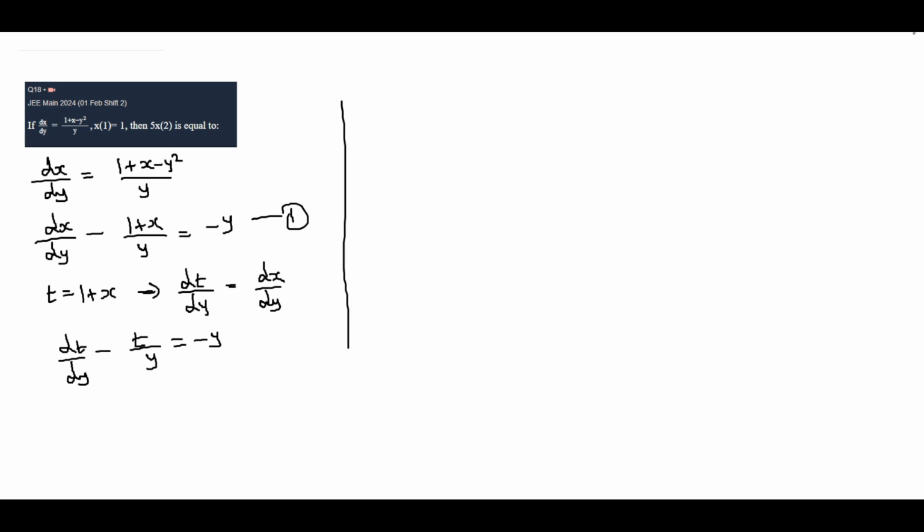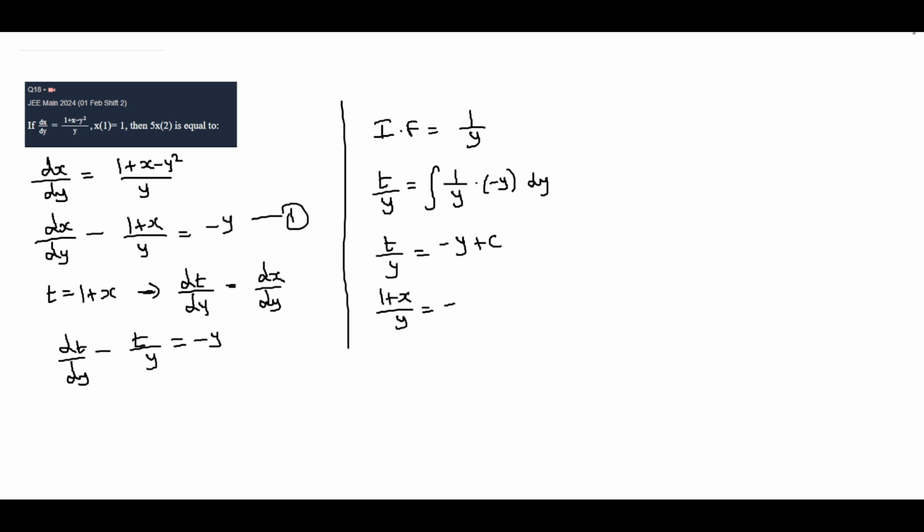Now it is a linear differential equation, so the integrating factor is e power, sorry, that is only 1 by y. So t by y is equal to integral of 1 by y into minus y dy. So t by y equal to minus y plus c, so (1 plus x) by y equal to minus y plus c.